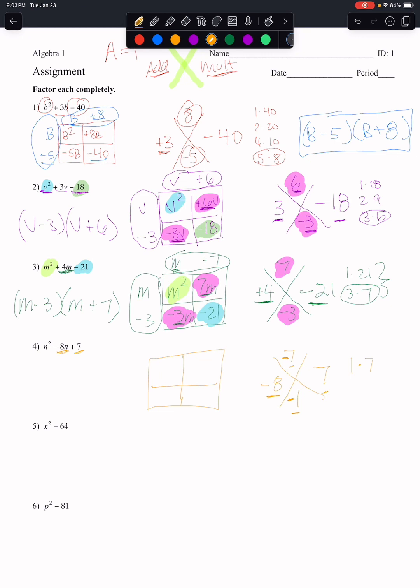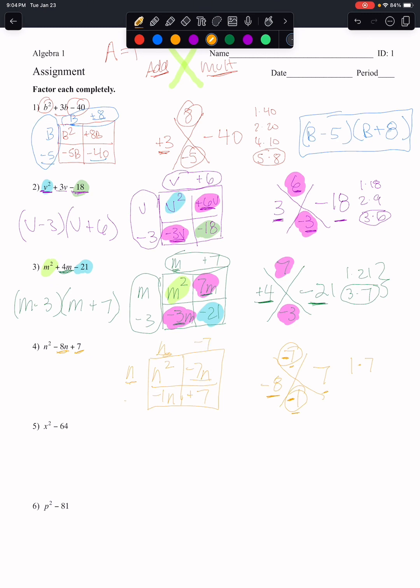So n squared goes here. Positive 7 goes back here. Negative 7n, negative 1n. Okay? So I got to figure out what my factors are. Hopefully you've kind of seen a pattern here. N times negative 7 makes negative 7n.